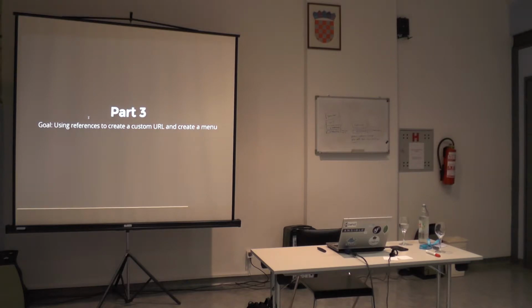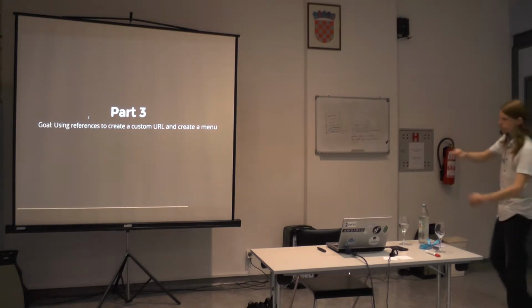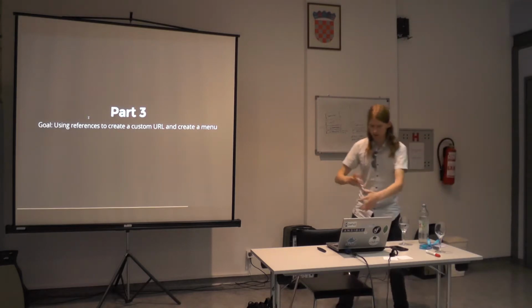See it as some sort of symlink or a shortcut. And after that, we are going to create a menu by just looping through our tree structure. That might be easy, but we'll see.